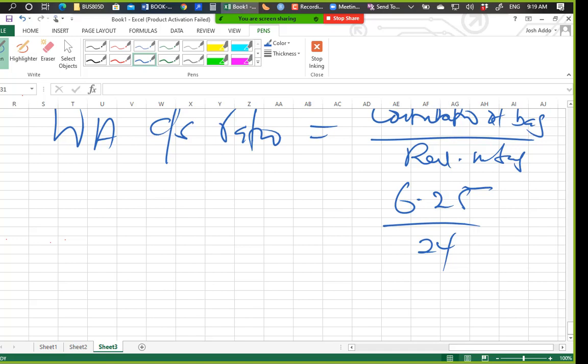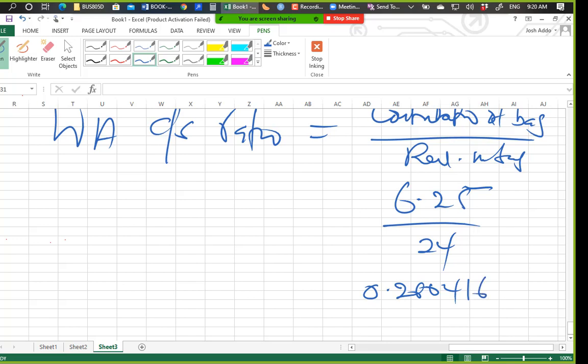I want us to write all the decimal places because I want to confirm that it is equivalent to the first approach we did. So this will give us what? 0.2604 16667.